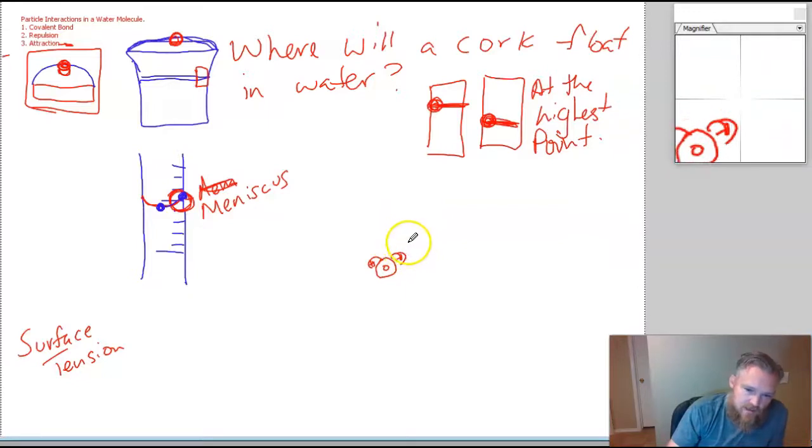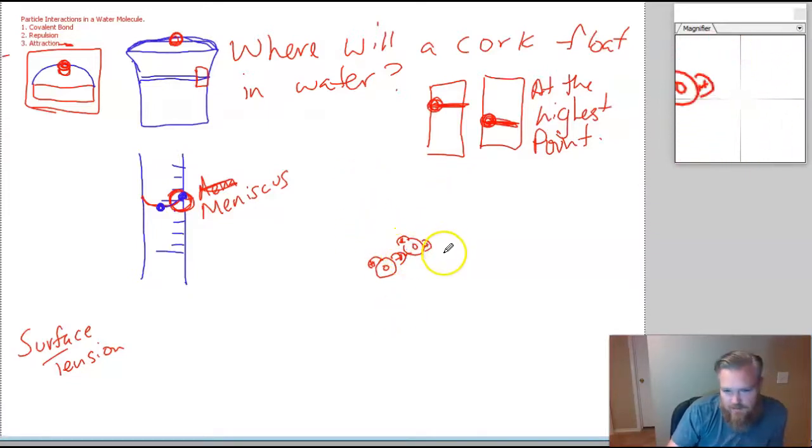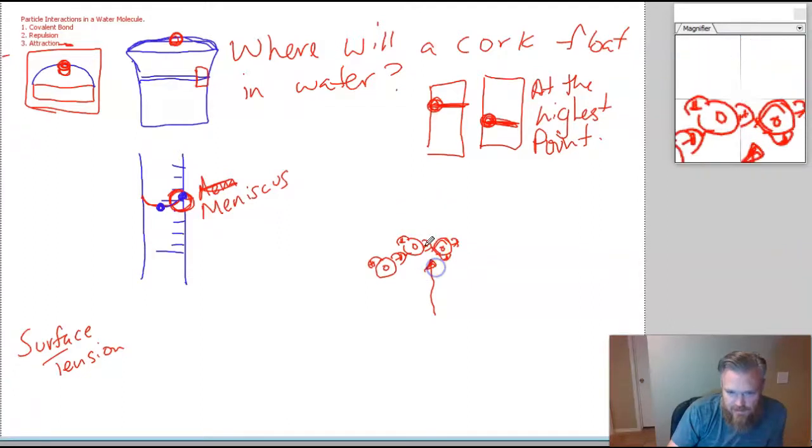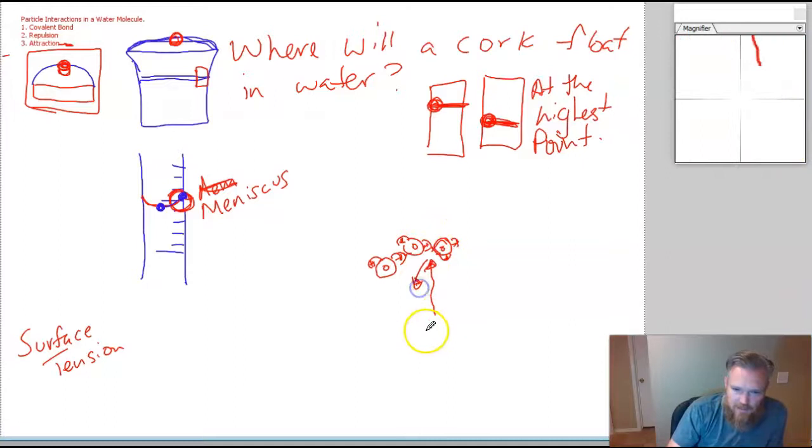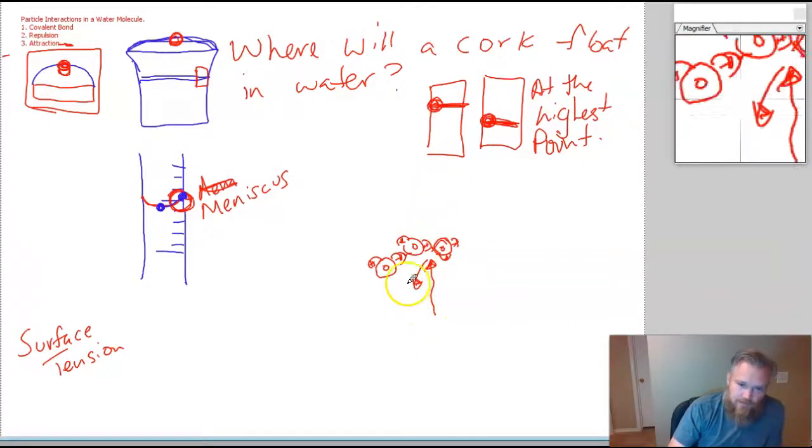So basically if these guys can get together in such a way that they align themselves and attract to each other, then they're essentially holding hands. And when they hold hands, that force is strong enough to resist spreading out. So just like red rover, if something comes and tries to strike between two of those, more often than not, it will bounce off and it can't get through, right?